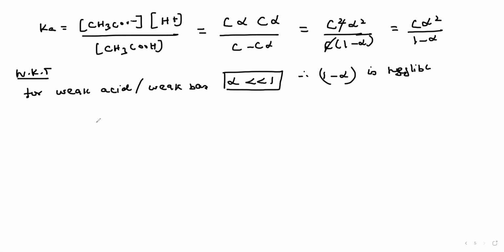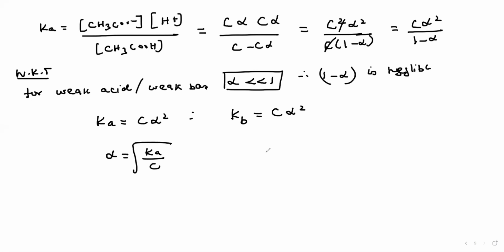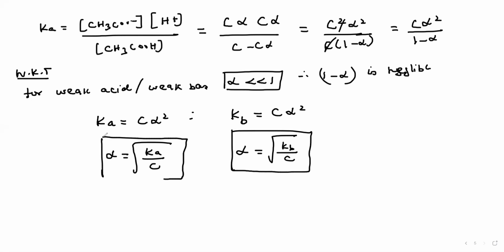Then what is the formula now? Ka is equal to C alpha squared. For a base, Kb is equal to C alpha squared. Now what is alpha? Alpha is equal to the square root of Ka by C. Similarly, alpha is equal to the square root of Kb by C. This is a very, very important formula to find the pH calculation for weak acid and weak base.